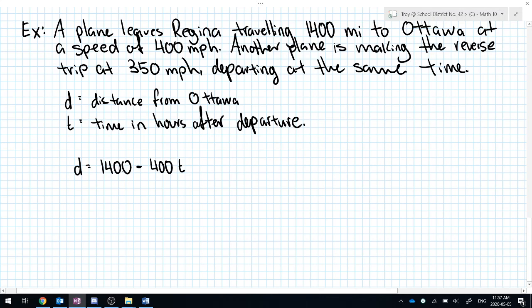Okay, so as t gets bigger, the distance between the first plane and Ottawa is smaller because the plane is traveling towards Ottawa. And the second plane's a lot easier. It's starting in Ottawa, so its distance is just going to be its speed times how many hours it's in the air for.